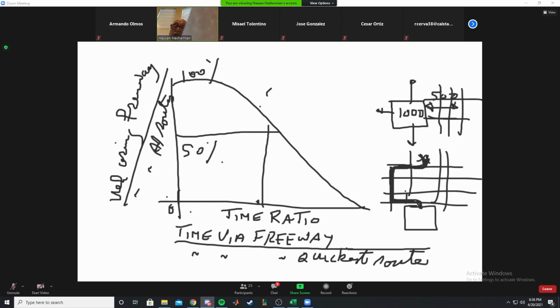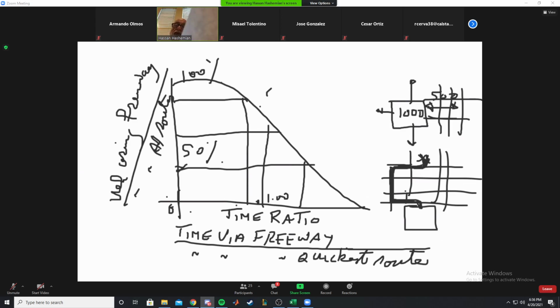If the travel time ratio of freeway gets more than the quickest route, then a lower percentage uses the freeway. And vice versa. If the freeway gives you a faster time than the quickest route, so the number, if this is the 1, will be less than 1, so there will be more usage of the freeway.